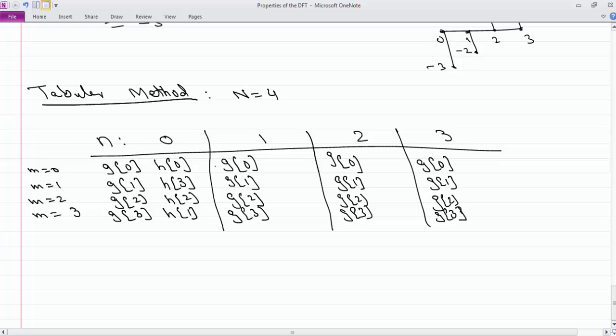Now what will change is that as you go from one column to the other, you want to shift this h sequence one row down. And then for the last one, since it cannot go down, it goes back up. So what you have is h0, h3, h2, and then h1 cannot go down, so it's h1 at the top.